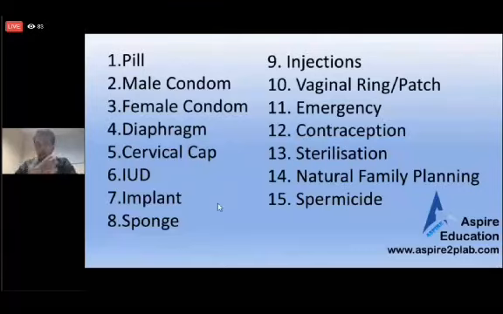And there's one more thing, the time frame. Is she looking for contraception which she has to take daily, or contraception which she doesn't have to worry about for months, or contraception which she doesn't have to worry about for years together? Depending upon all these things, you can advise her on contraception.